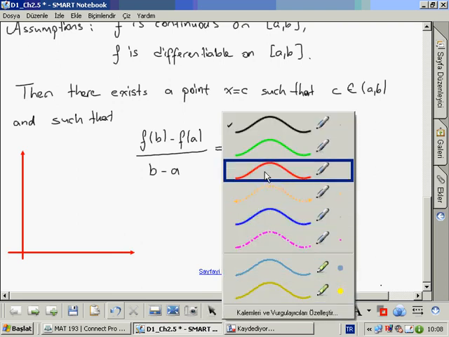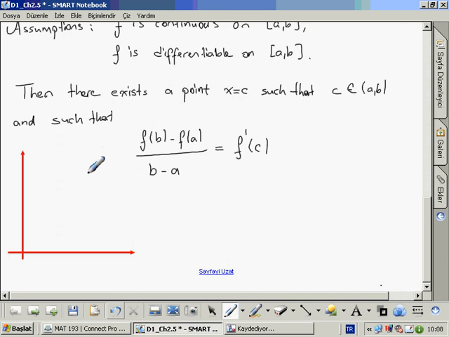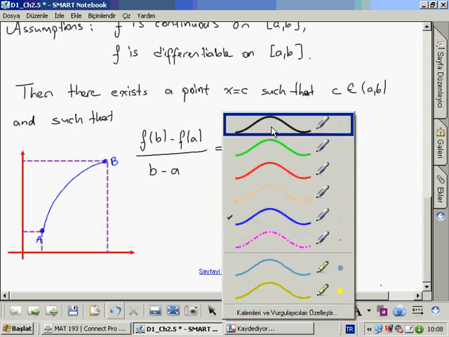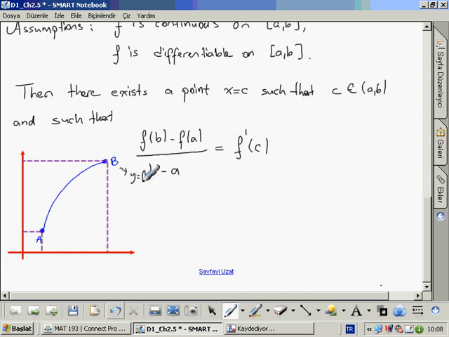For example, here is point B and this is point A. This is our f function, which starts from a and ends at the b point, this is y equals f of x.